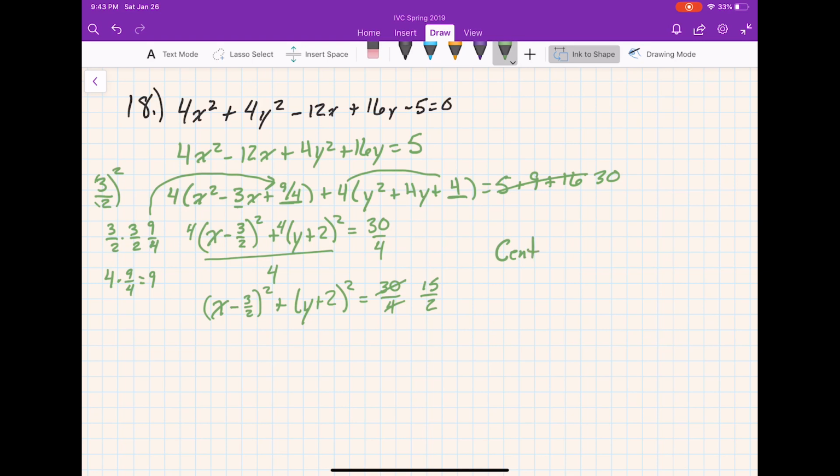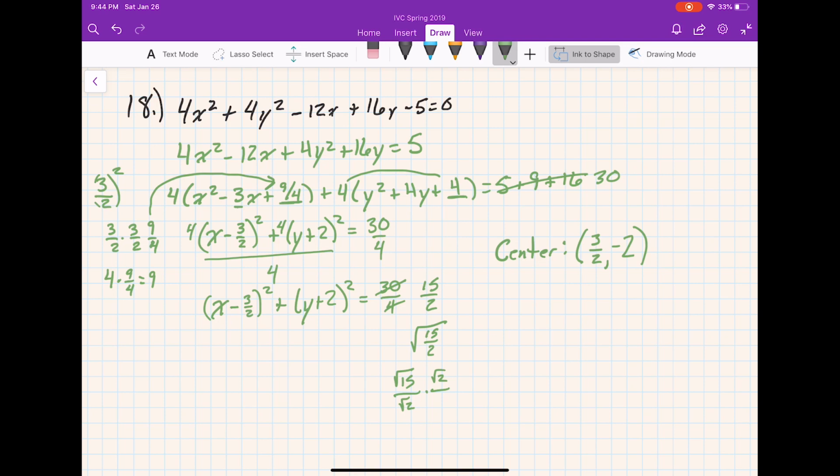All right, so our center is going to be 3/2, comma, negative 2. But thinking ahead here, our radius is the square root of this 15/2. So really this turns into the square root of 15 over the square root of 2.